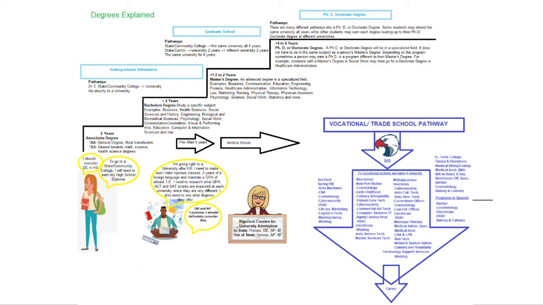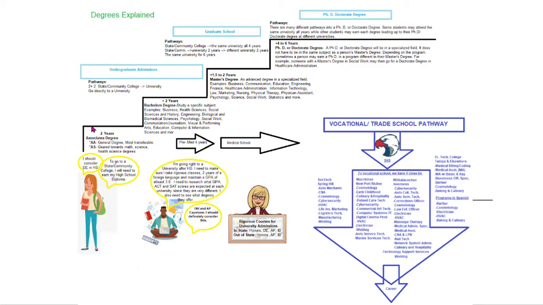Okay, so if you're going to be a 2+2 student, you would get your AA Associate in Arts degree. It has nothing to do with art, so don't be confused by that, or your Associate in Science degree. And then you would transfer after the completion of that 2-year degree to your university for 2 more years, and you would earn your bachelor's degree. And then your 2+2 would equal 4 years, a bachelor's degree.